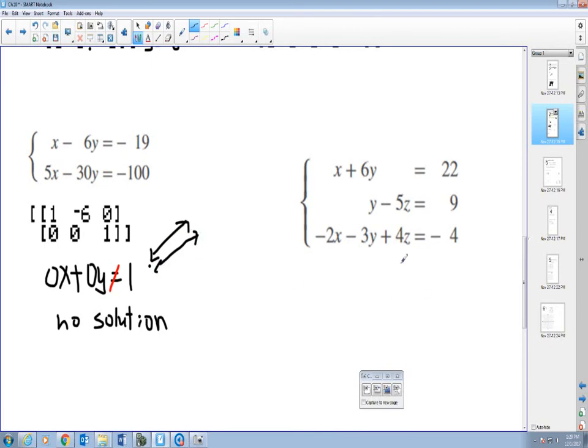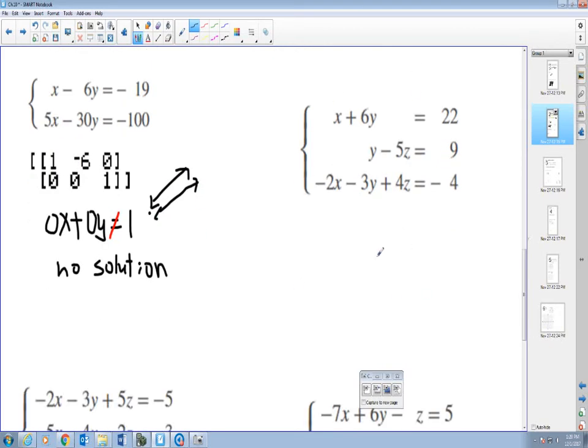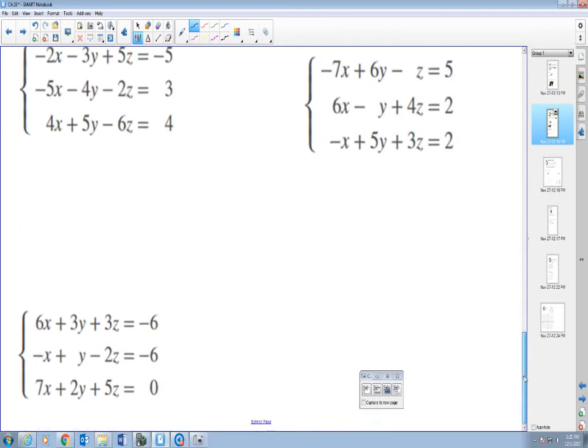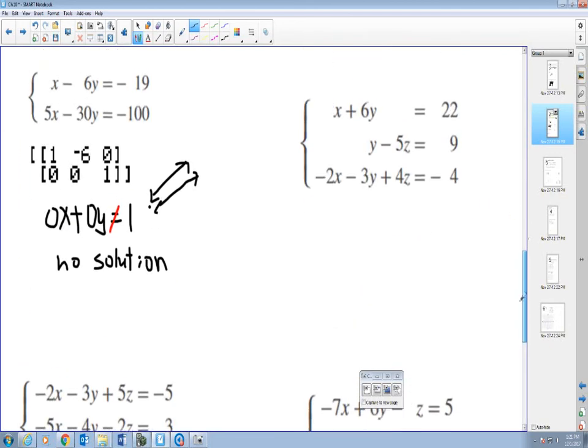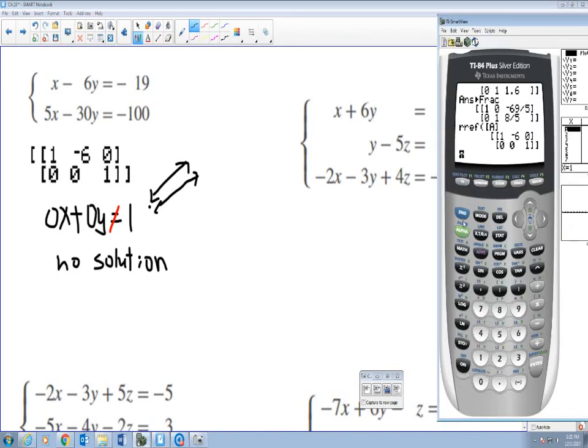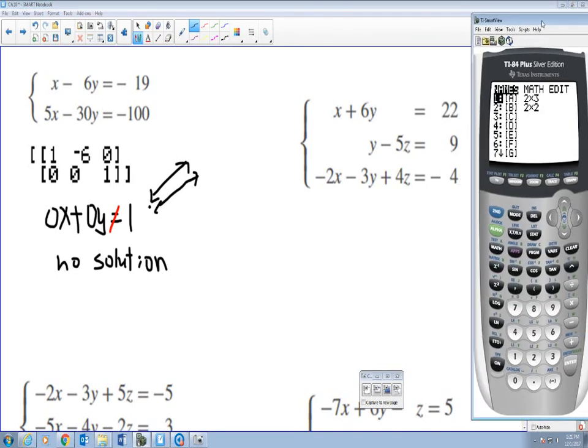Alright, let's jump up to 3 variables. So the problem is missing some terms, so those are the missing terms. So I will put in zeros for those. So this particular problem, where I got 3 rows by 1, 2, 3, 4 columns, this is a 3 by 4. Let's go edit this.